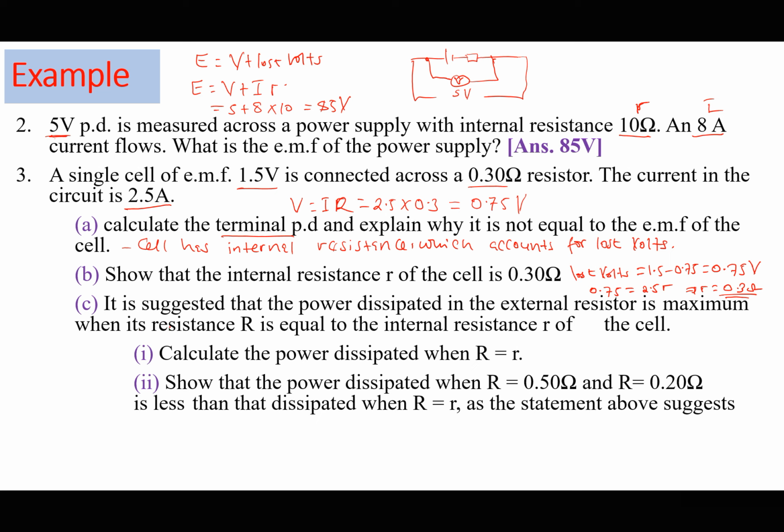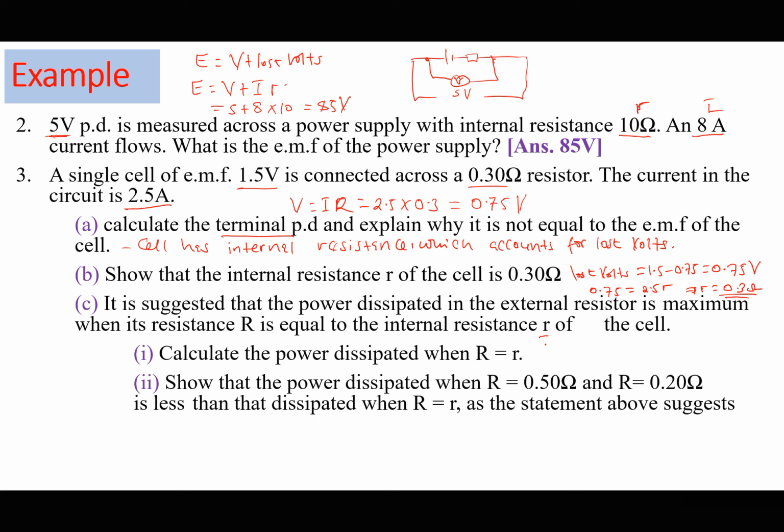It is suggested that the power dissipated in the external resistor is maximum when its resistance R is equal to the internal resistance small r of the cell. That is true. Calculate the power dissipated when R equals small r.